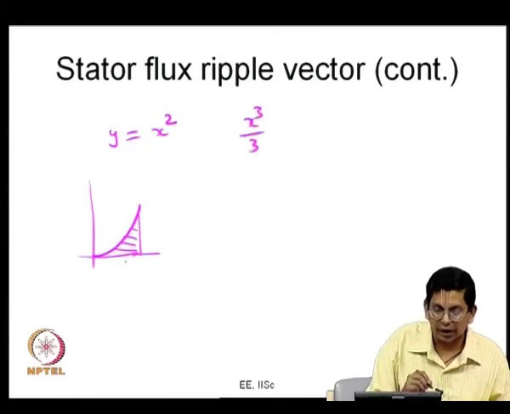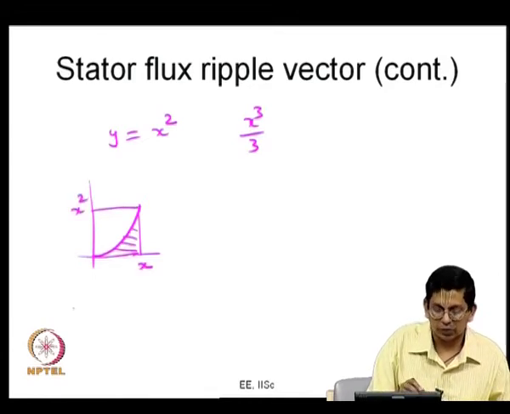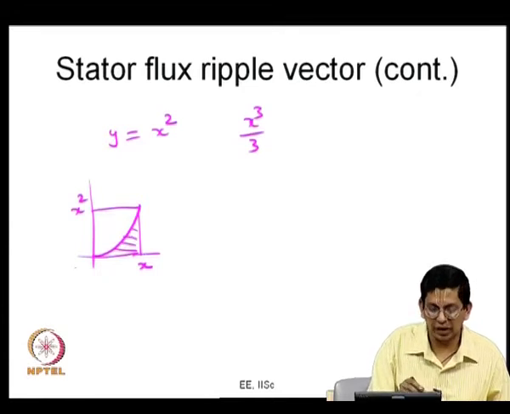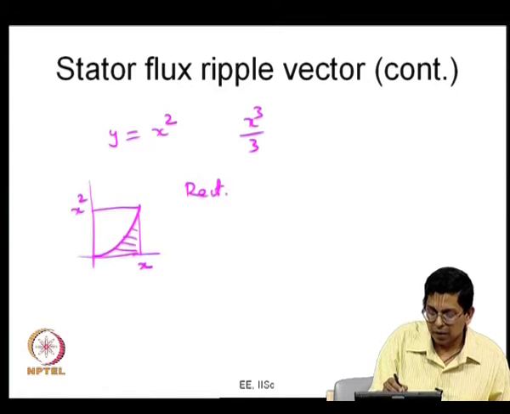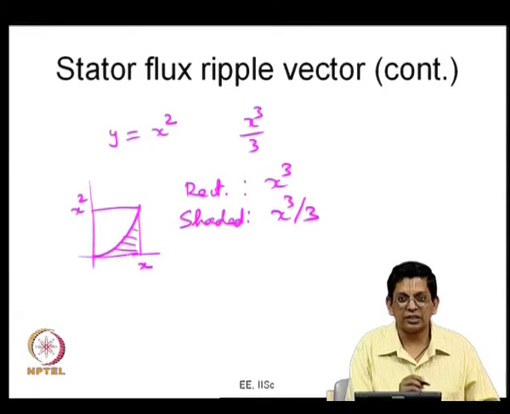What is the total area? This is x, this is x squared, so the area of the rectangle is x cube, and the shaded area is x cube by 3. Thus, the area under the parabola is 1/3 of that.